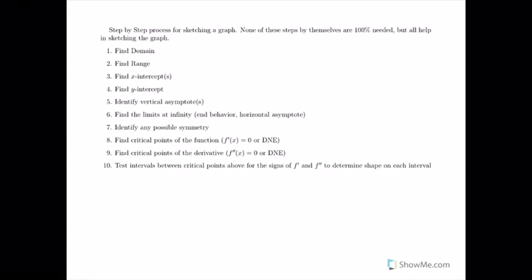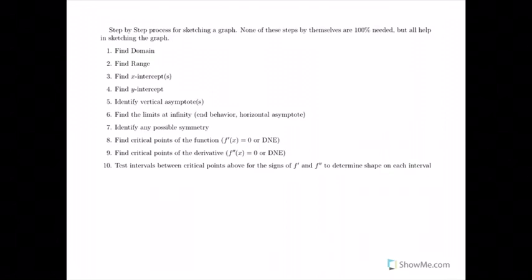So here's how we're going to do this. We have a step-by-step process on how to sketch a graph. We're going to find a lot of different information, bring it all together. None of these steps are 100% needed, but we're just going to go through them in order to sketch the graph. Sometimes we may say that the graph does not have any vertical asymptotes, so it may not be useful. Or, for instance, the range is really difficult to find, so we're not going to deal with it.